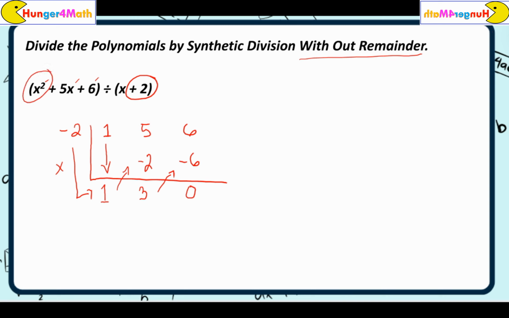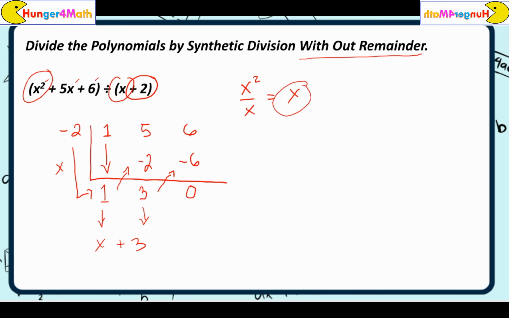Since the highest power here is x squared and our divisor is x, we're going to divide x squared by x, and that is x. So the first number here will be x. Then the 3 will be our constant. Simply multiply the first number by the x, which is x times 1, and that is x.